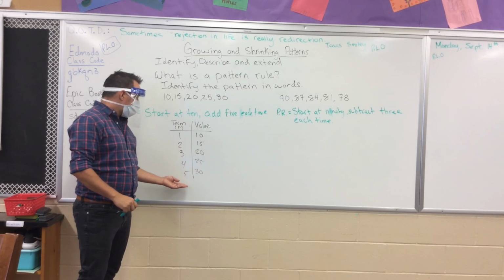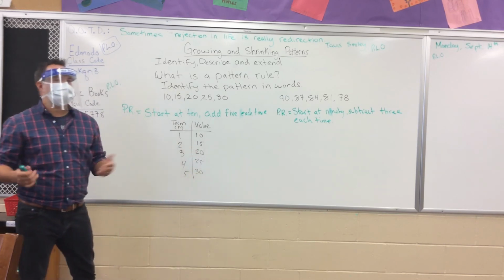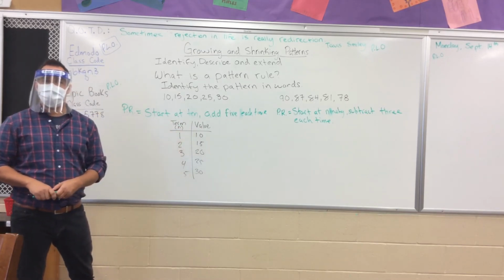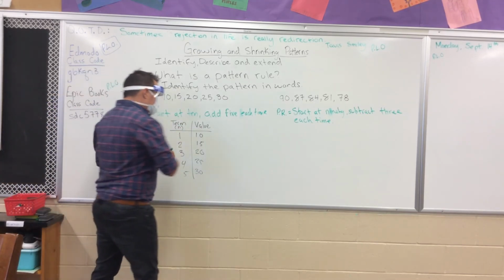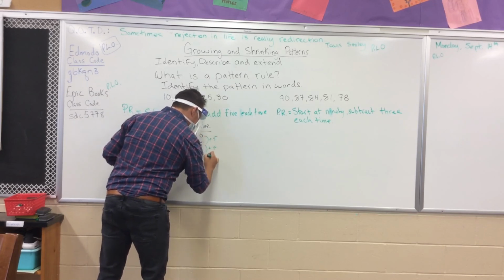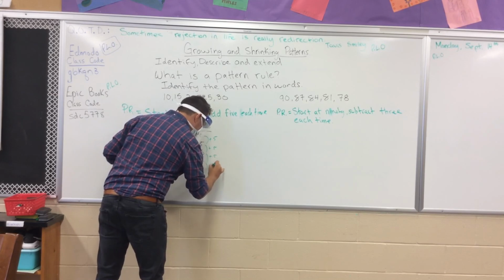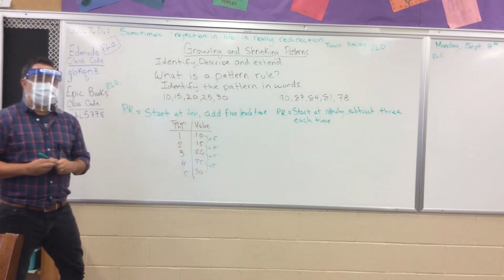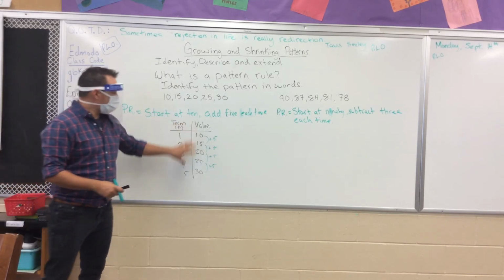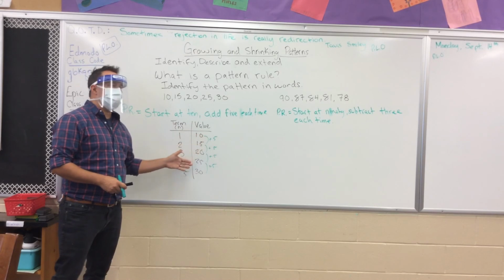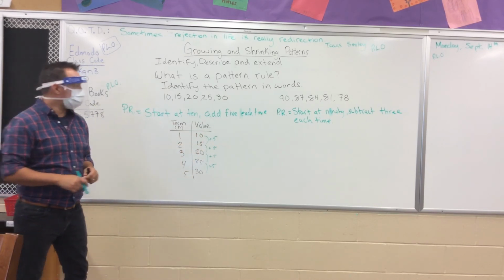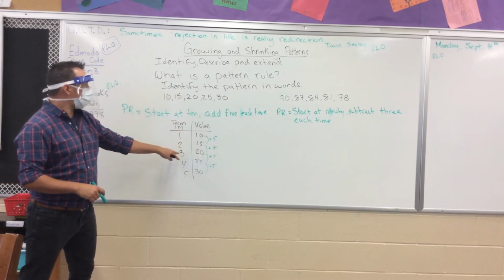So we could easily get to like term number 10, because this is pretty simple. Does that make sense to everyone? You can see here, in this case it's plus 5, plus 5, plus 5. We're going up by 5s, right? So if you weren't sure of the pattern rule, you could create your own T-chart, and then you could figure out what the difference is between the numbers. Okay? So that's for this example here.